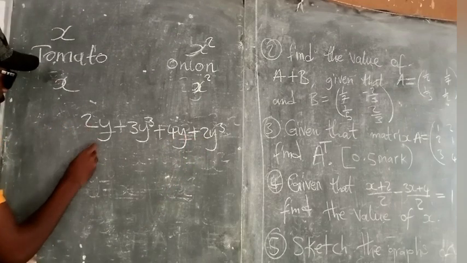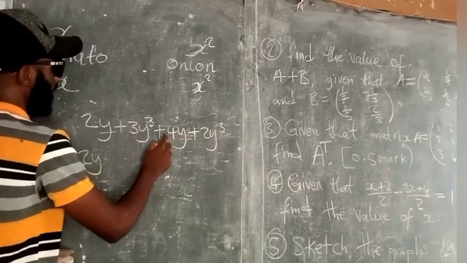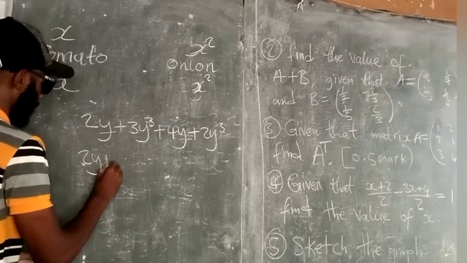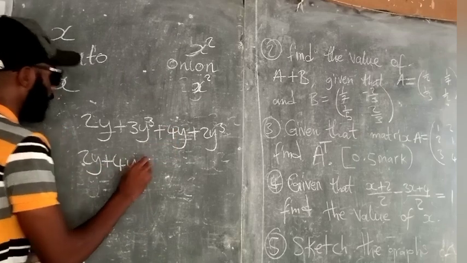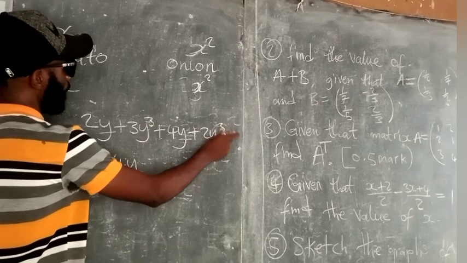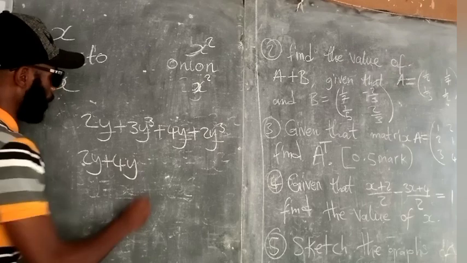So I'm going to start with the 2y. So we have 2y. Then this 4y has a positive in front. I'm going to get it together with the sign. So we write positive 4y. Then lastly, we have y to the power 3 and y to the power 3. So these are also exactly the same. So we're going to put them together.